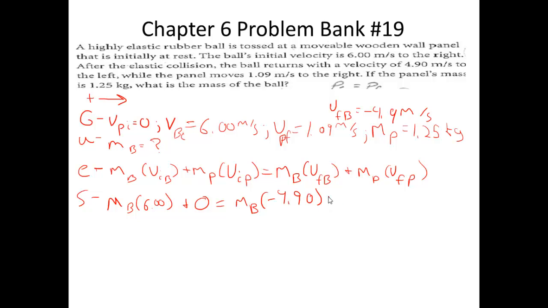Mass of the panel, 1.25 times 1.09. As we solve this for m sub b, we see that we'll end up with 10.9 times m sub b, and we get that from adding 4.9 m sub b to both sides.